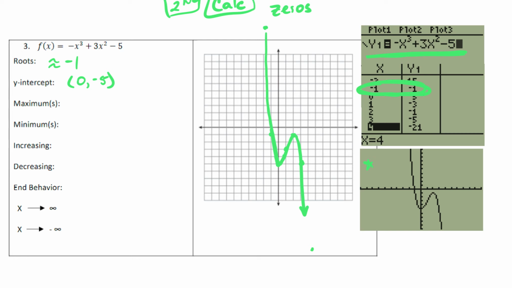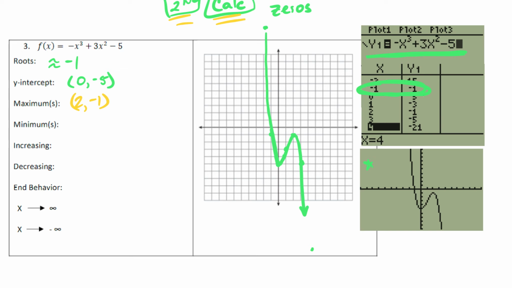Maximum values. Looks like we only have one of those, don't we? One. Or -1, 3, 2. Looks to me like that. Remember, we want to get verification on this with our calculator. So we would do the second calc sequence again.